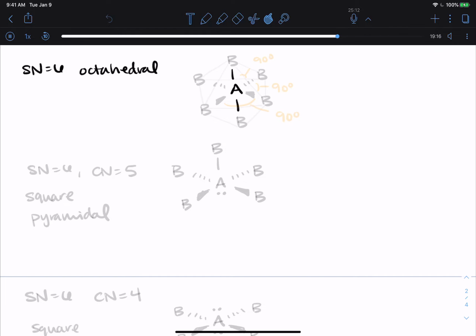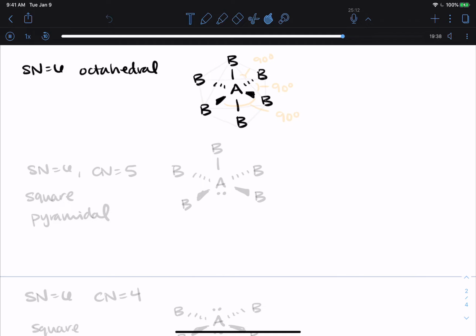So octahedral, if you put 6 things around a central atom, the farthest that they can get apart in 3D space is 90 degrees from each other all the way around. So every single one of these positions is 90 degrees from every other position.